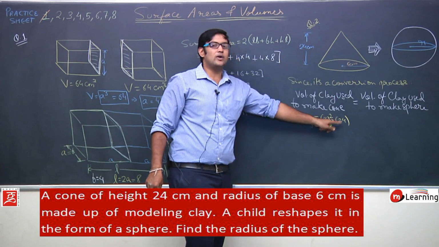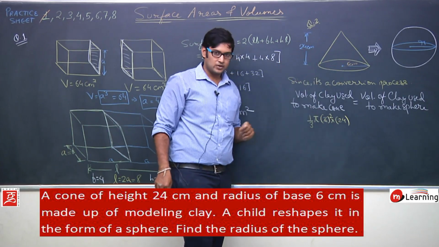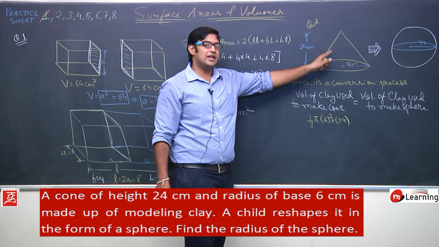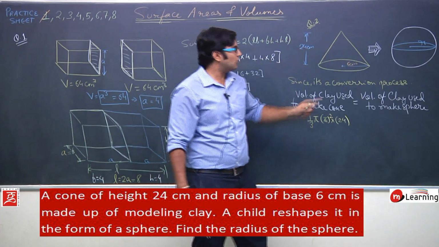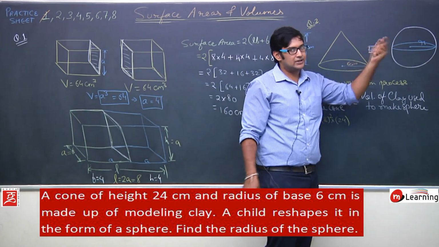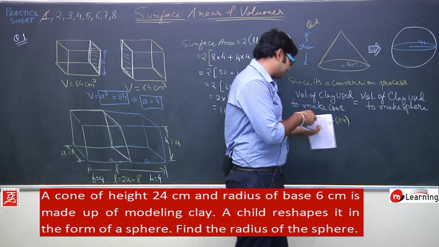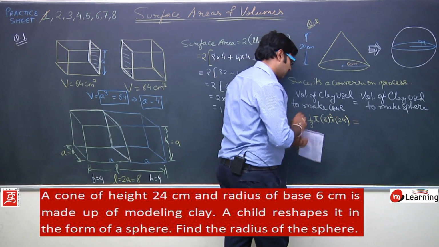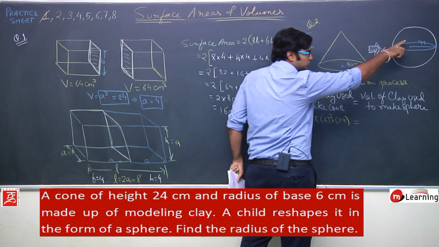So 1/3 pi into 6 square into 24 is the volume of this cone, or I should say the volume of clay used to make this cone. Now what should be the volume of this clay which is used to make the sphere? It depends on the radius of the sphere. So I will say this is equal to the volume of clay used to make this sphere.